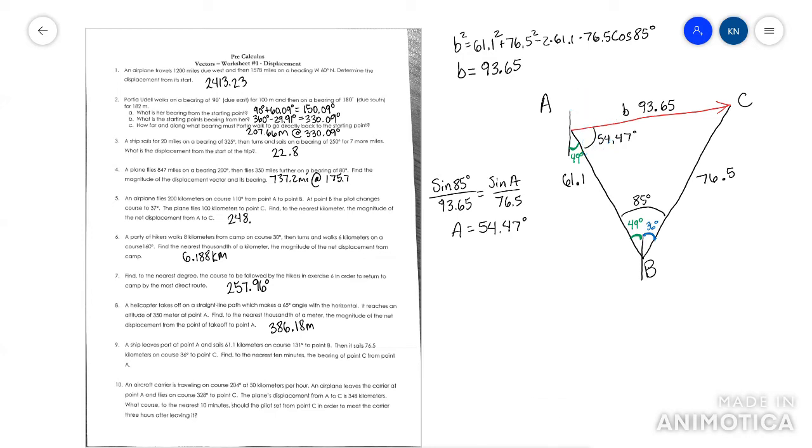So I'm going to do 131 degrees, this whole amount, and subtract that 54.47 degrees. That gives me just this red amount, which is 76.53 degrees, which would be my answer.